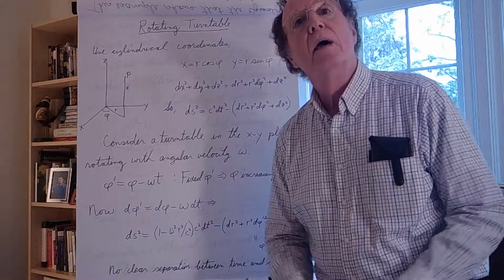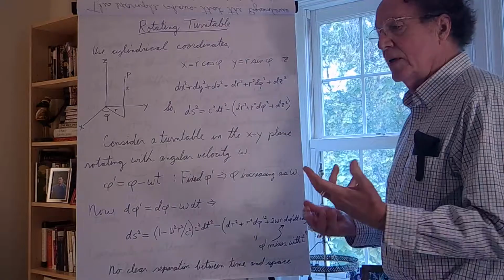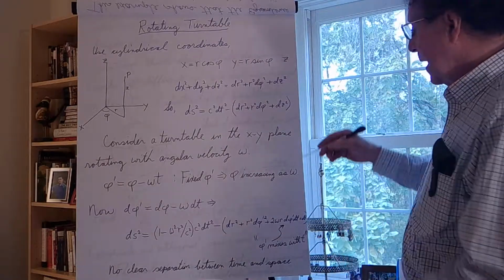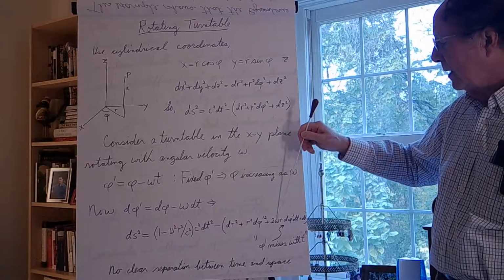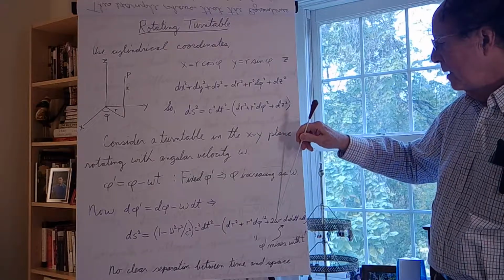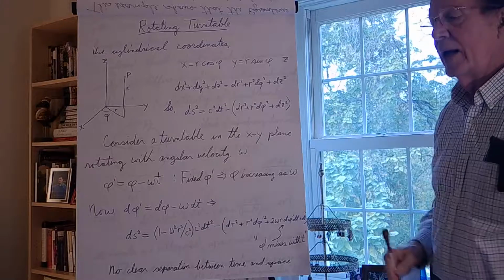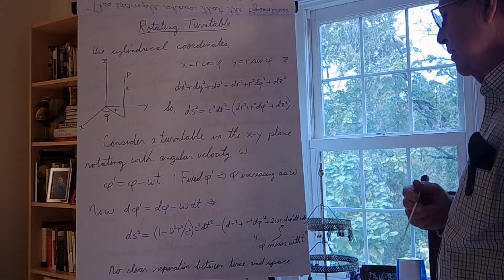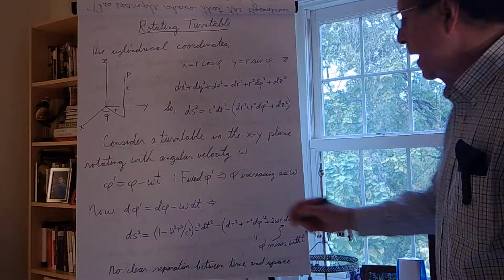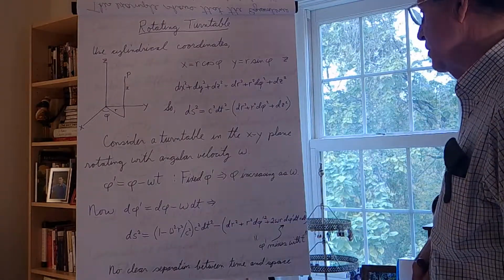So I wanted to bring it out now. It's just common to the kinematics of the problem, and what we have to expect are contributions to the metric that go like angular velocity times the product of an angular variable and a time variable. That's going to be common, so we'll be looking for it. And there's no clear separation between time and space.